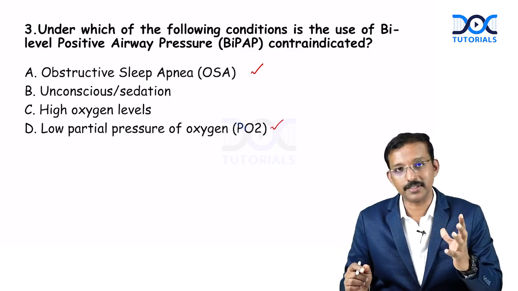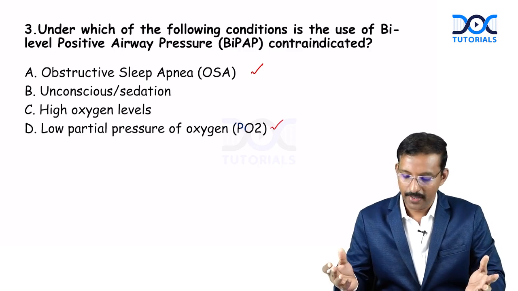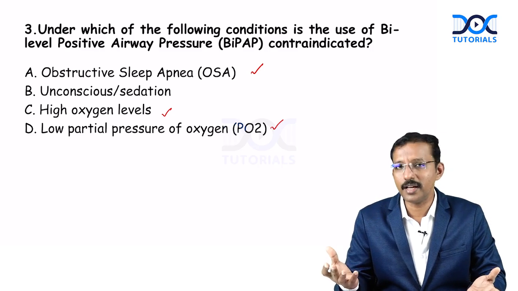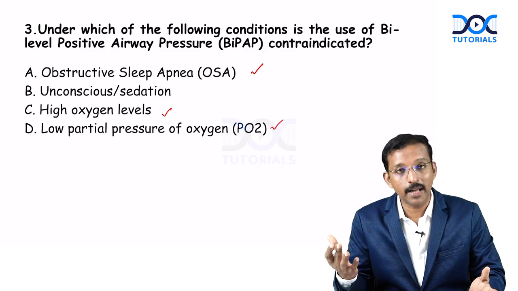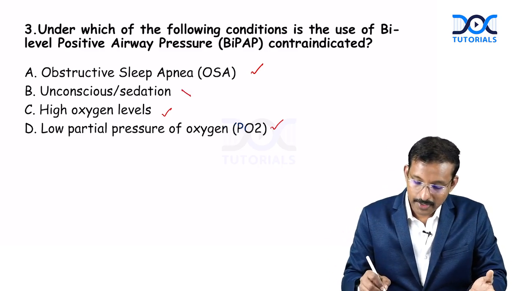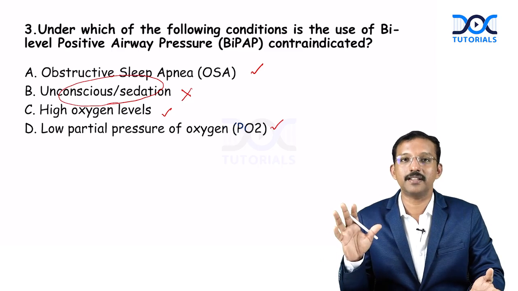For low partial pressure of oxygen, PEEP is essentially a part of it, which can again be applied. Now, high oxygen levels, you can do that, not a harm, but because it is not going to help much, you can apply. But remember, a patient who is sedated or unconscious, you cannot apply simply a positive pressure and wait.